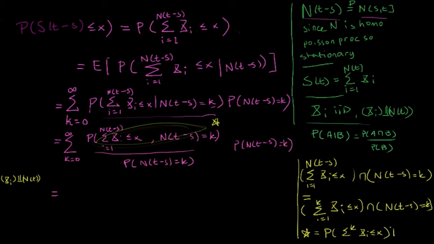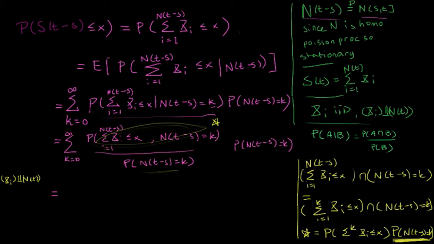Hence, I can split up the probabilities into a product. And this then allows me to look at the numerator as a product of two probabilities, right? The probability in the numerator will cancel out with this probability in the denominator.